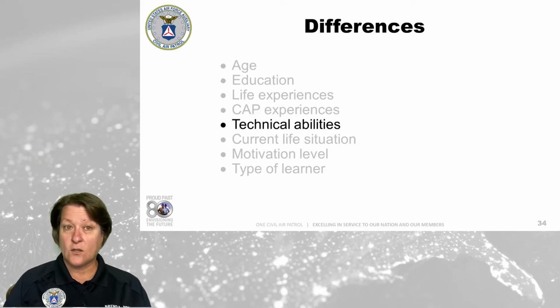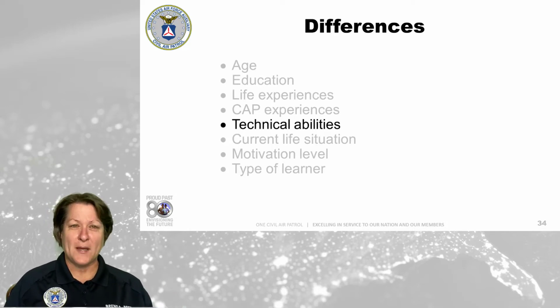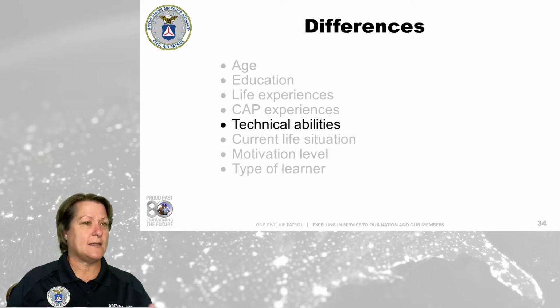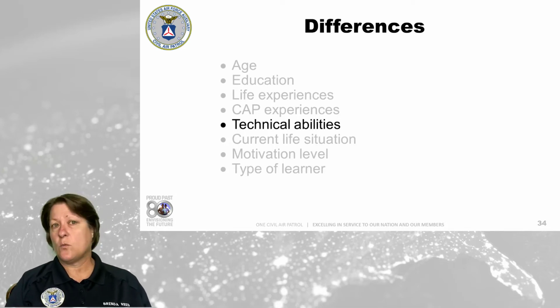We have different technical abilities, not to stereotype too much, but the younger people tend to be more technologically adept. They like to do things on their mobile devices, where we have some older people who prefer the desktop. I'm in that category. I prefer my desktop, and they want to be able to do that. We ask in some of the modules that they create PowerPoints, or they have to work with Word.